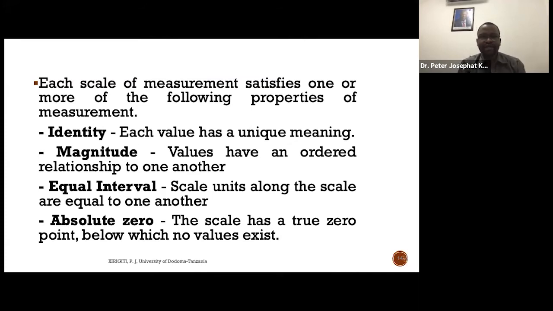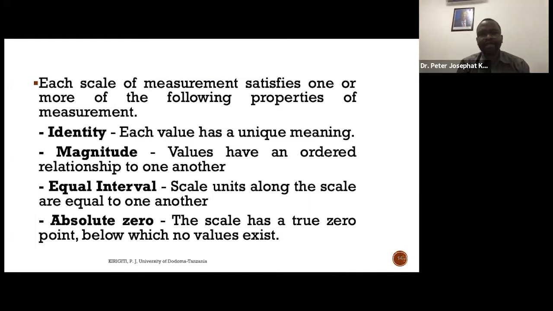For instance, if you have a variable of marital status, under it we have the level of married. Married is quite different from single. Single is quite different from separated. So the expected responses are married, single, separated, and each value has a unique meaning. This is how it should be.